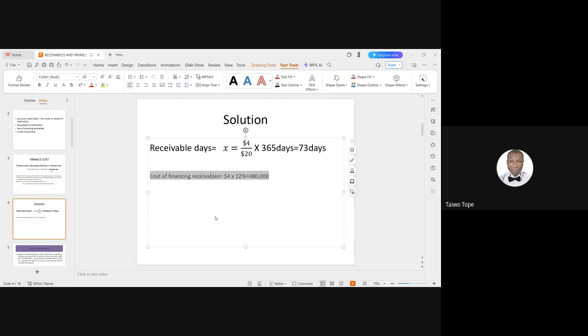That is after deducting a discount or interest. So in simple terms, I would say that the banks pay you earlier and subtract some money as its fee.